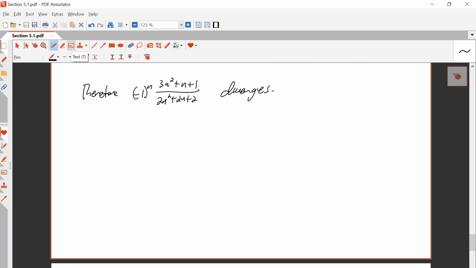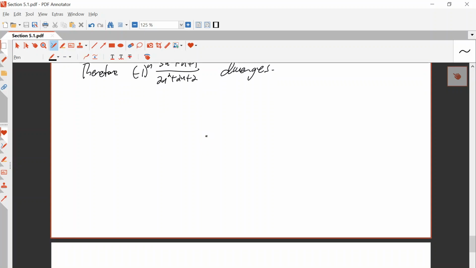Let's look at a sequence defined with factorials. Factorials are definitely something important, definitely something we want to look at here, okay?